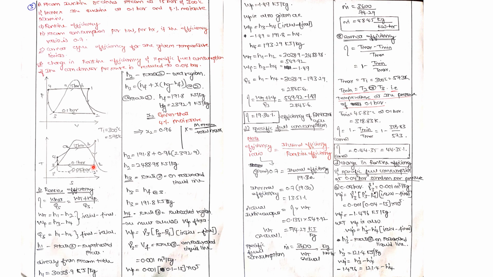Just follow the same procedure with the condenser pressure of 0.04 bar, and you will get the efficiency for the Rankine cycle as well as the specific steam consumption. The only change is that you change the condenser pressure to 0.04 bar.